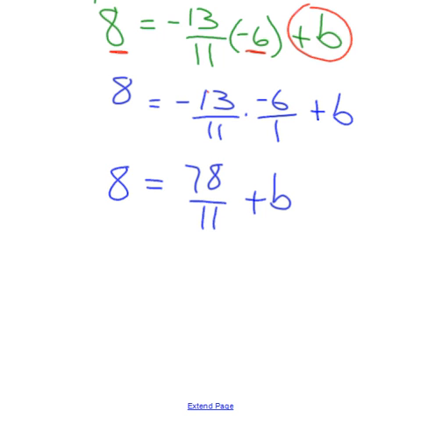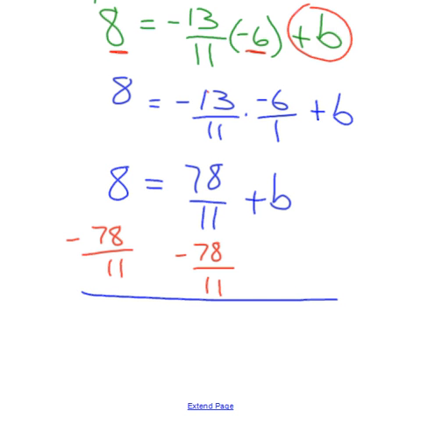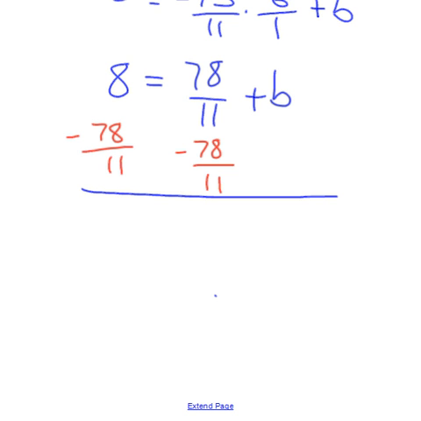Think how much easier this will be when you get one that has whole numbers in it. Okay, so now I'm still solving for b, so I want to subtract 78 elevenths from both sides. Now I have 8 minus 78 elevenths is equal to b, so we're almost there.